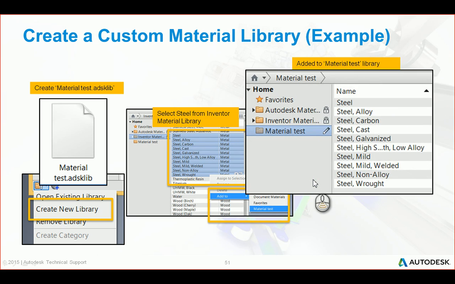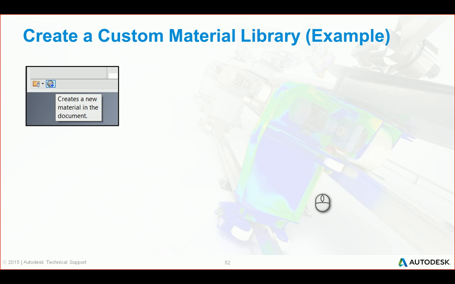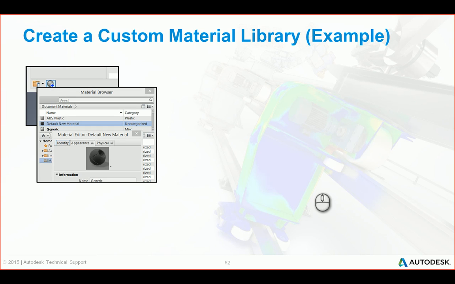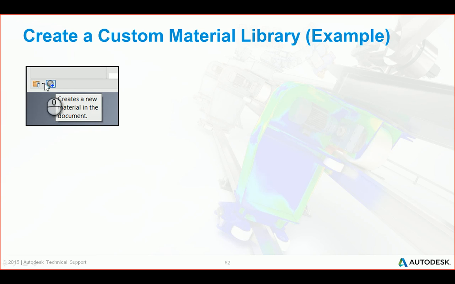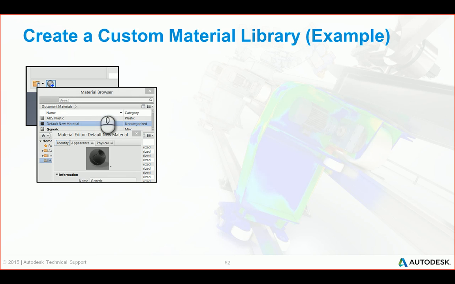So to create a new material in the document, we would just hit the little button here. It's going to create in whatever your active library is. So for the material library editor, we hit the button, it's going to create into our default material library, and it'll come in as default new.